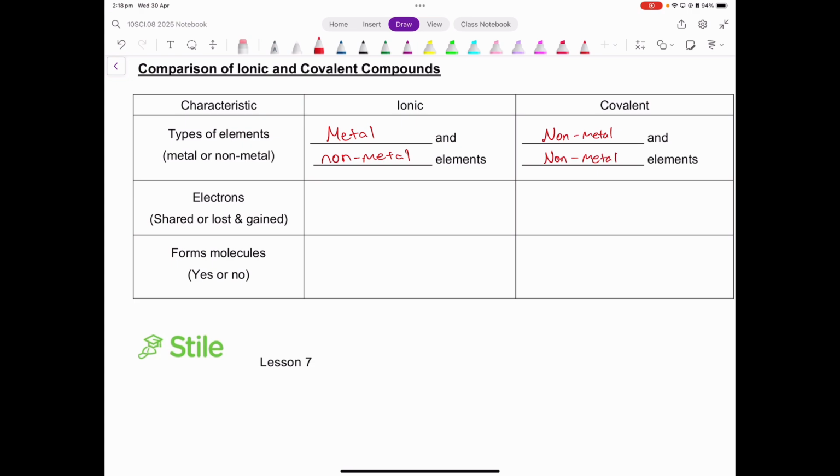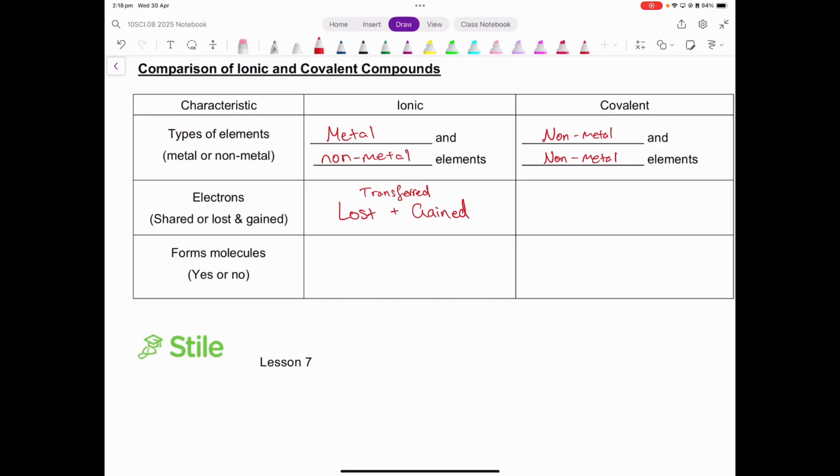Okay. So when we're talking about electrons, when it comes to ionic molecules, okay, these ones are lost and gained. Okay? And the word that we used earlier was transferred.